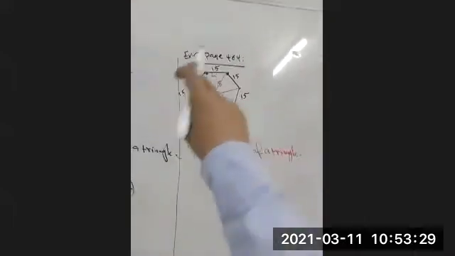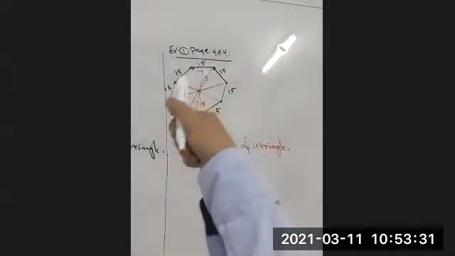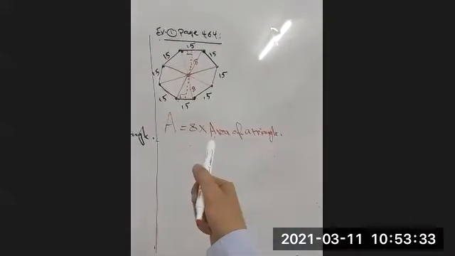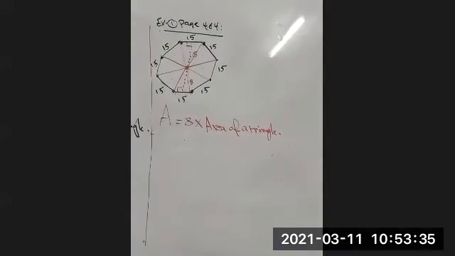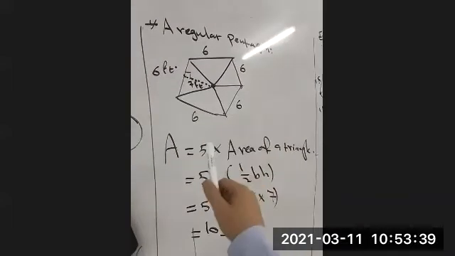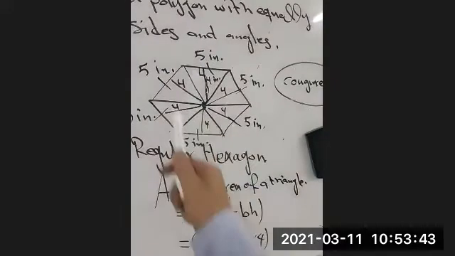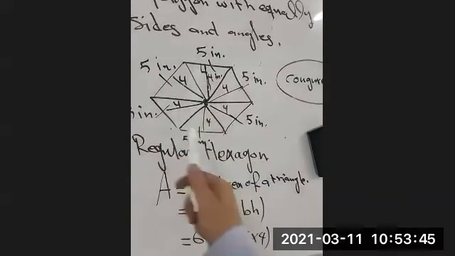So the whole area is 8 because we have 8 triangles, multiplied by the area of a triangle. Here, 5 triangles: 5 multiply area of a triangle. Here, 6 triangles: 6 multiply area of a triangle.